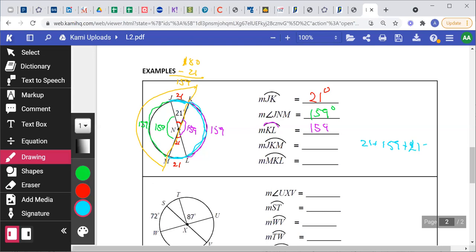And that gives us 201. So it means the whole of this arc in blue color is 201 degrees.